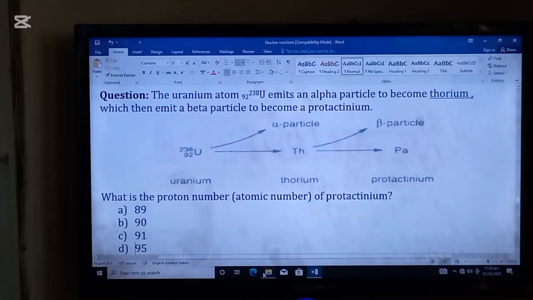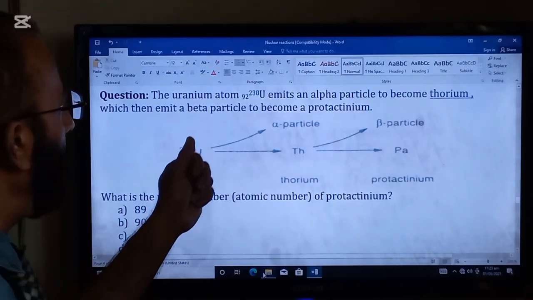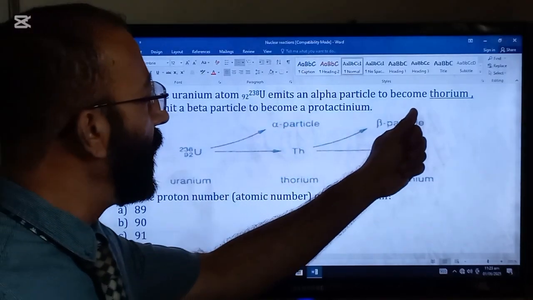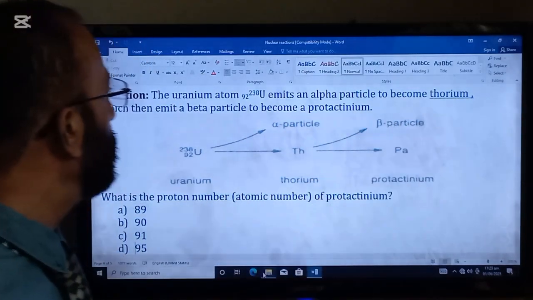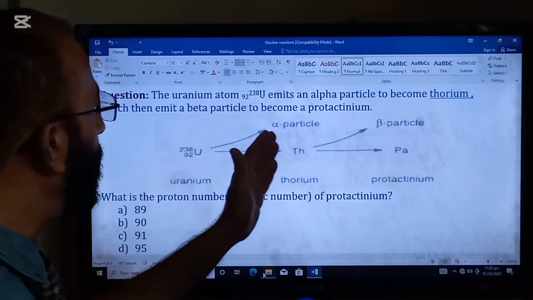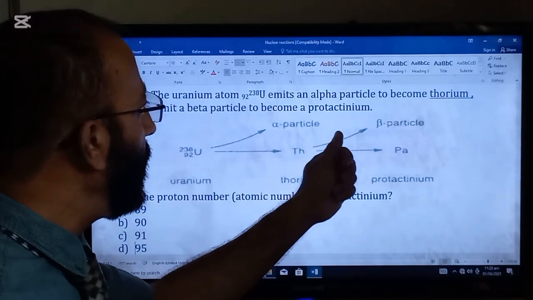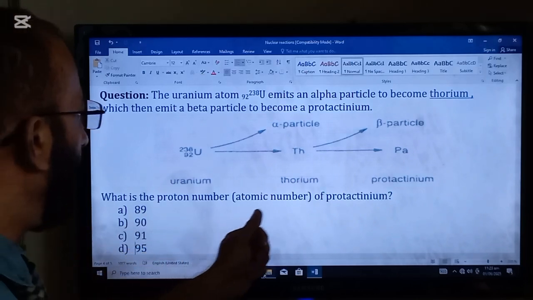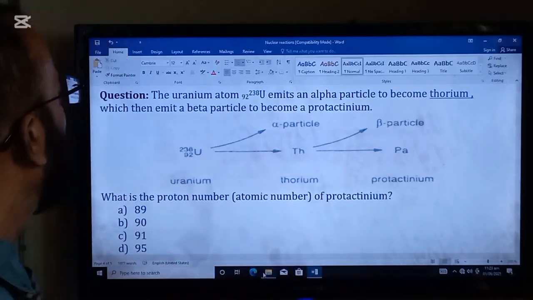Another question is here. The uranium atom emits an alpha particle to become thorium, which then emits a beta particle to become protactinium. What is the proton number of the protactinium?